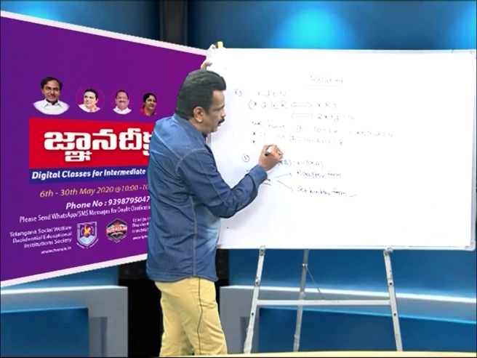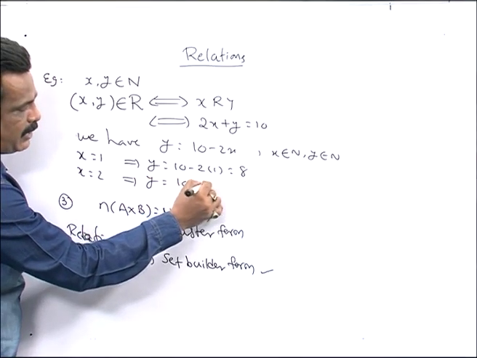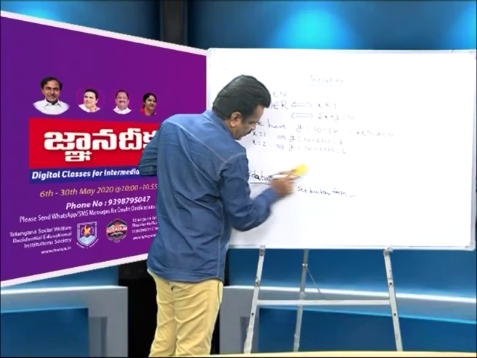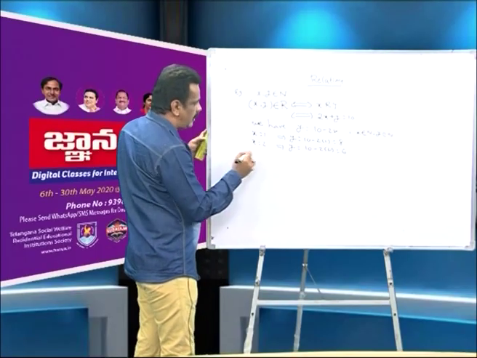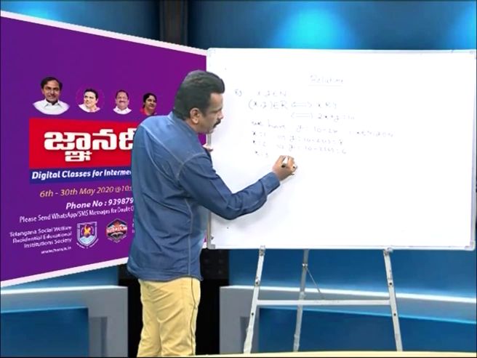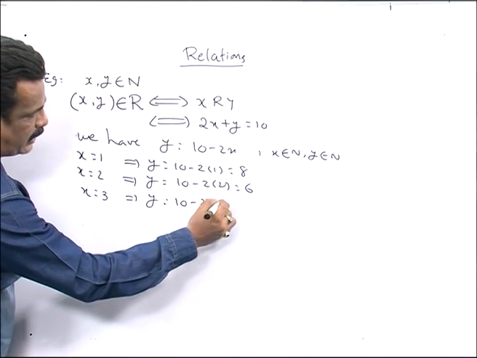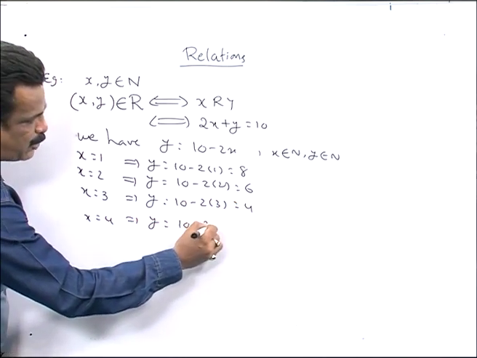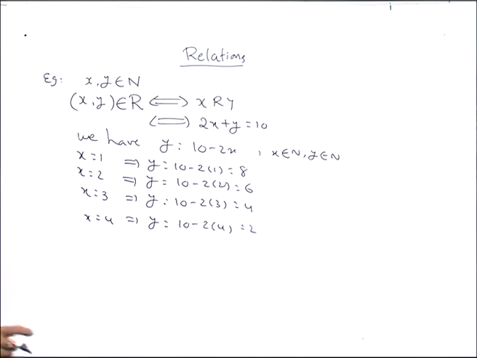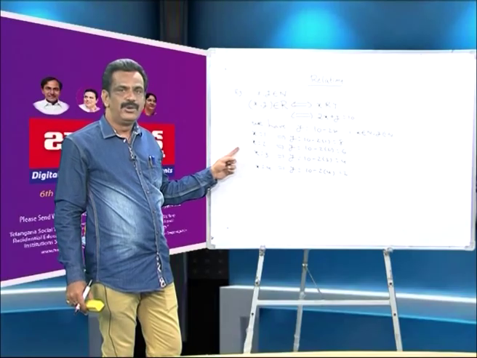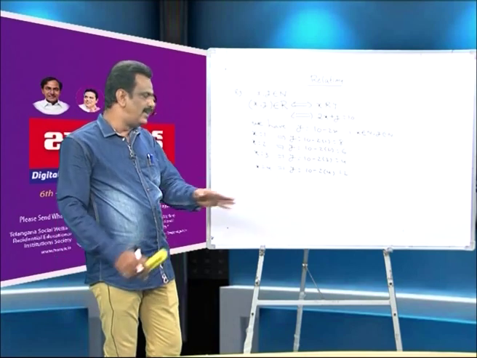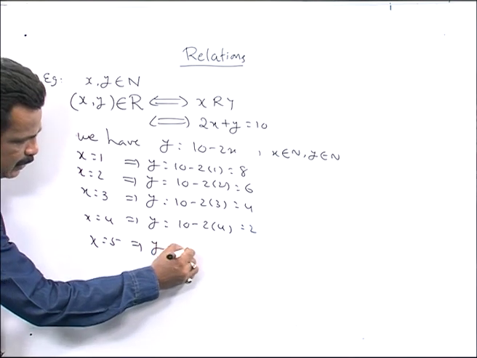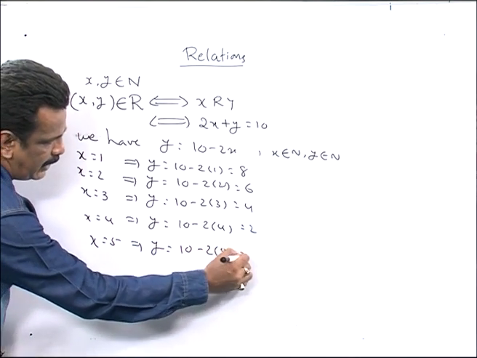And x equal to 2 implies y equal to 10 minus 2 into 2, it is 6. If x equal to 3, then y equal to 10 minus 2 into 3, it is 4. And x equal to 4 implies y equal to 10 minus 2 into 4, it is 2. Like that, by giving different values of x, we are getting different values of y. Let us take the next value of x. If x equal to 5, then y equal to 10 minus 2 into 5, it is 0.